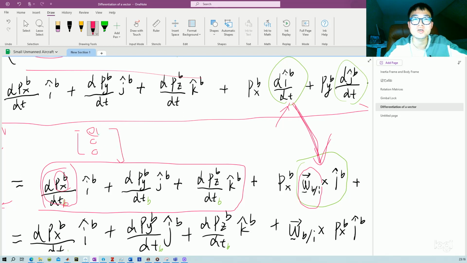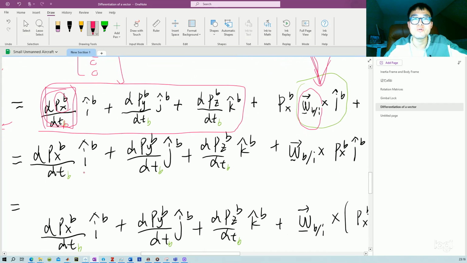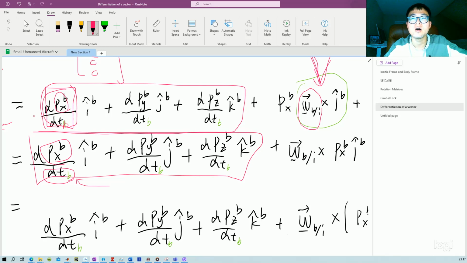They might be a function of time, and then you just take the derivative with respect to time. There's no rotating frame involved. So you have a vector expressed in body frame. You take the time derivative inside the body frame. So the reference point is body frame. That's why body frame doesn't rotate against body frame. So that's why this part doesn't have the rotation involved.